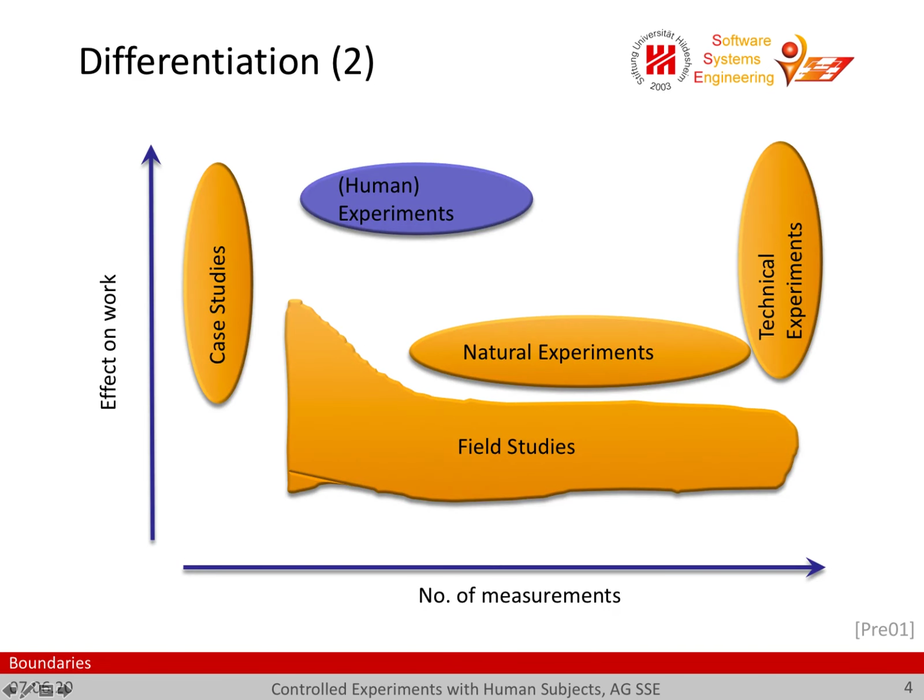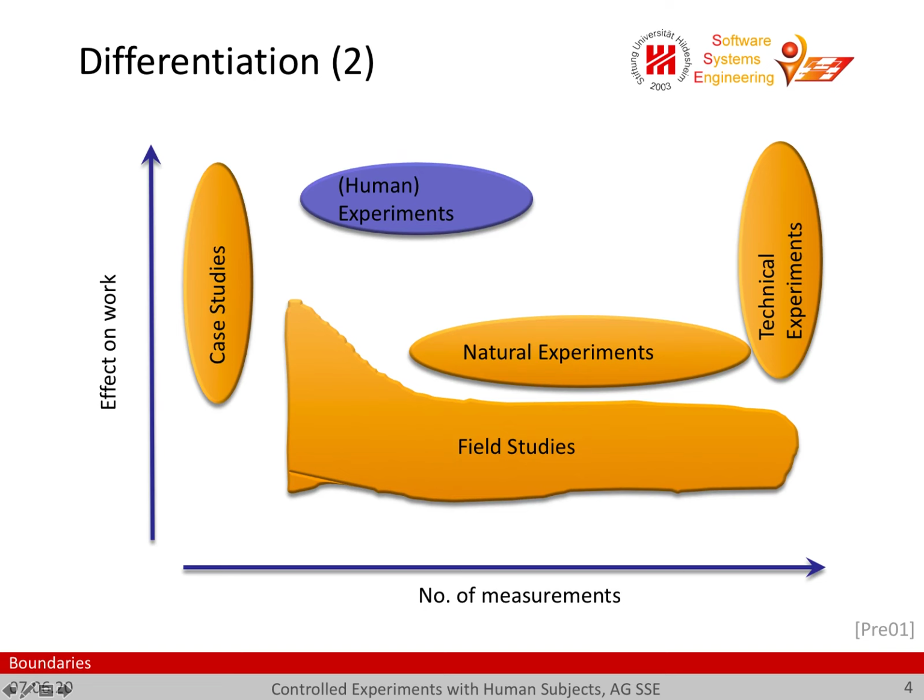There are actually quite a number of different types of experimentation and of studies with people. You see some of those in this picture, which is by no means complete.